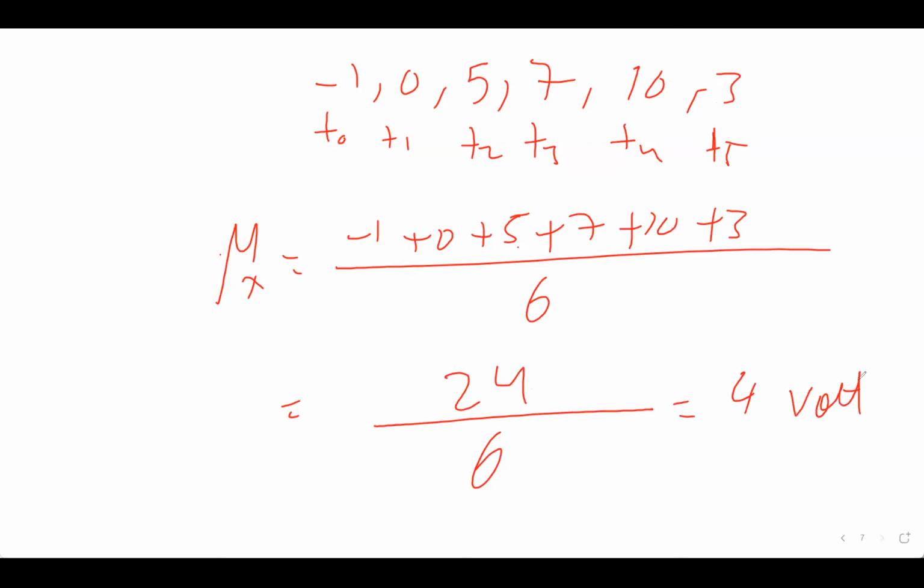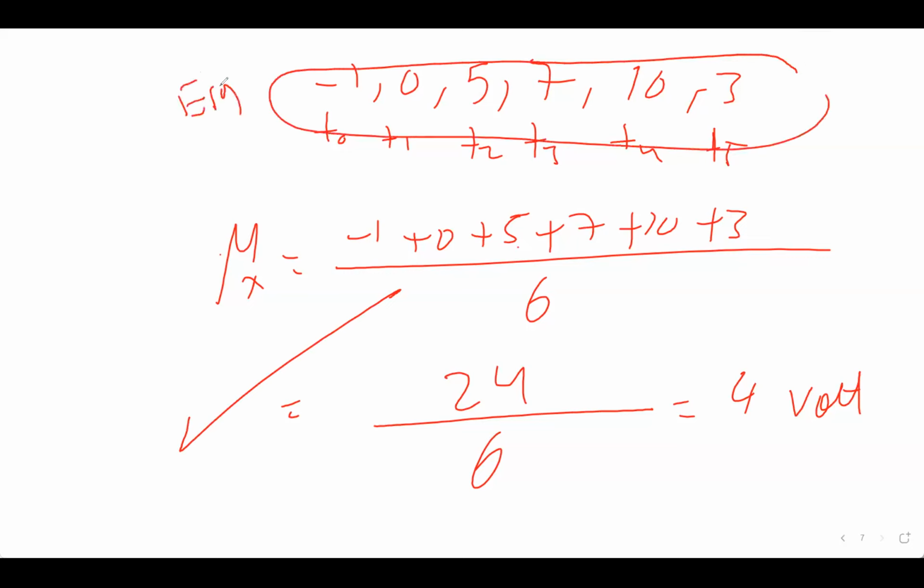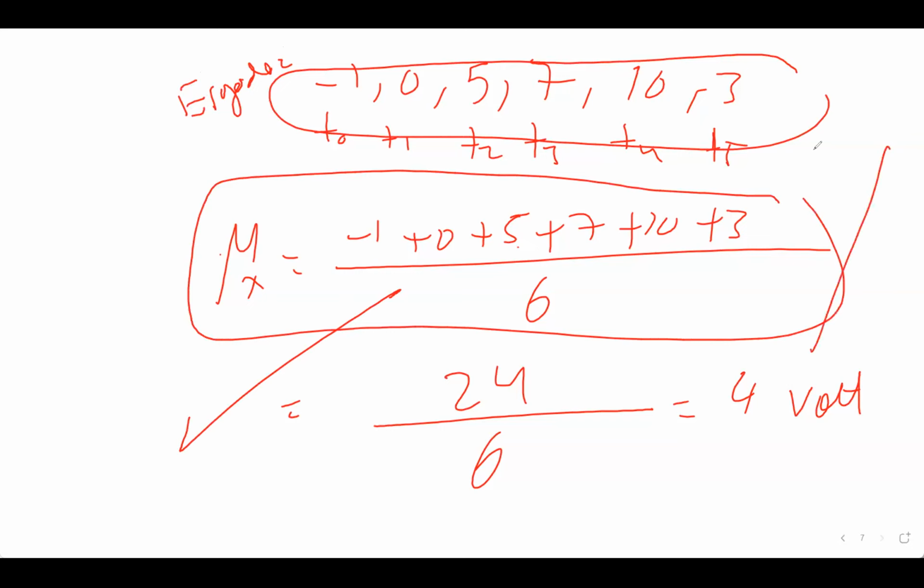Now you should understand that this calculation is correct only if the original signal is ergodic. If it is not ergodic, this calculation is not correct. It is simply the mean of the samples in front of us. If I ask you to calculate the mean of only this signal, that is okay.